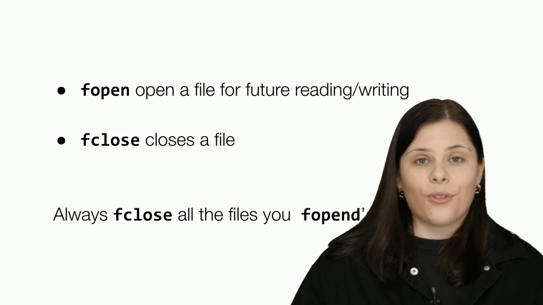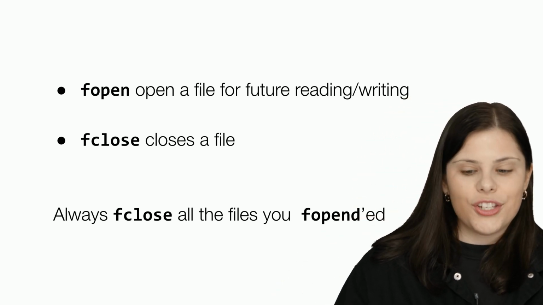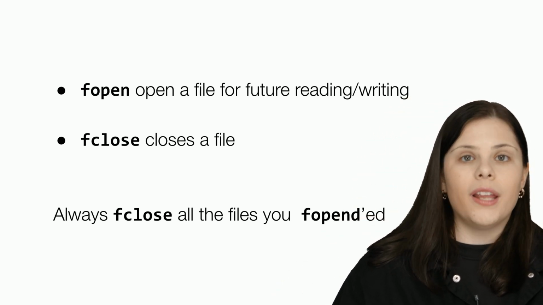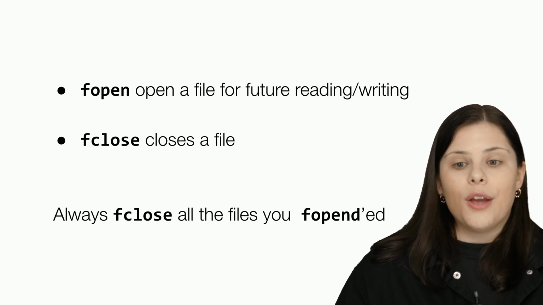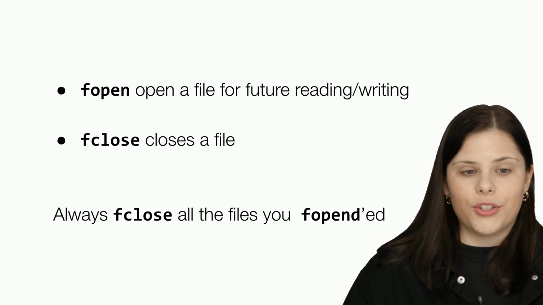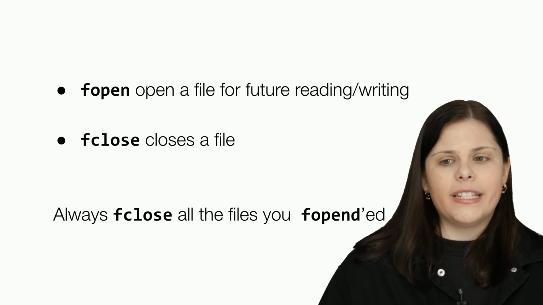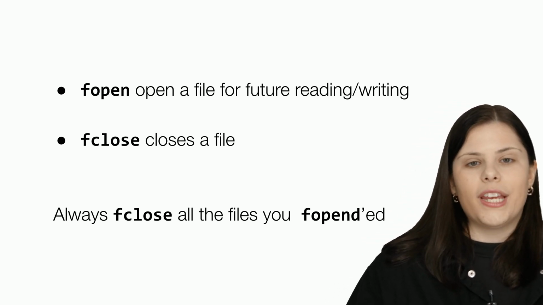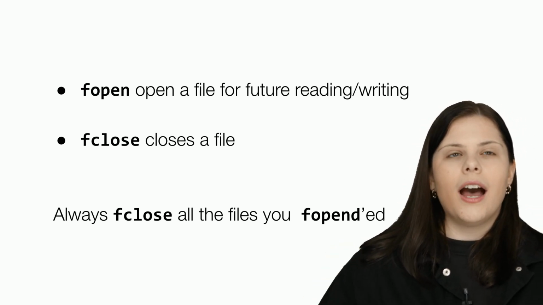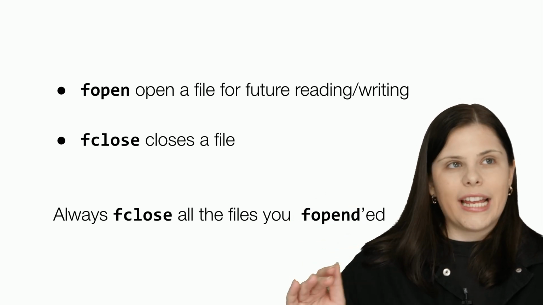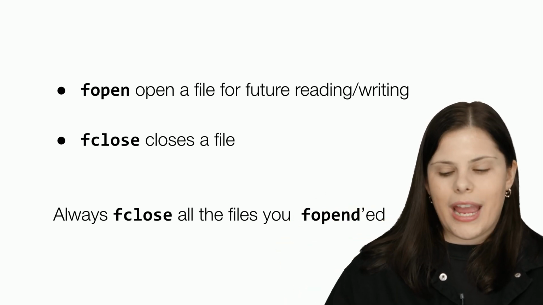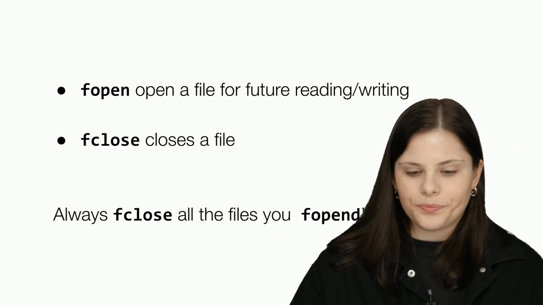This is a really good practice to get into. Anything you fopen, make sure you close, because again, we're going to run into memory issues and weird errors that might be difficult to solve. So making sure that you have this very explicit approach of how you handle the code is very important.